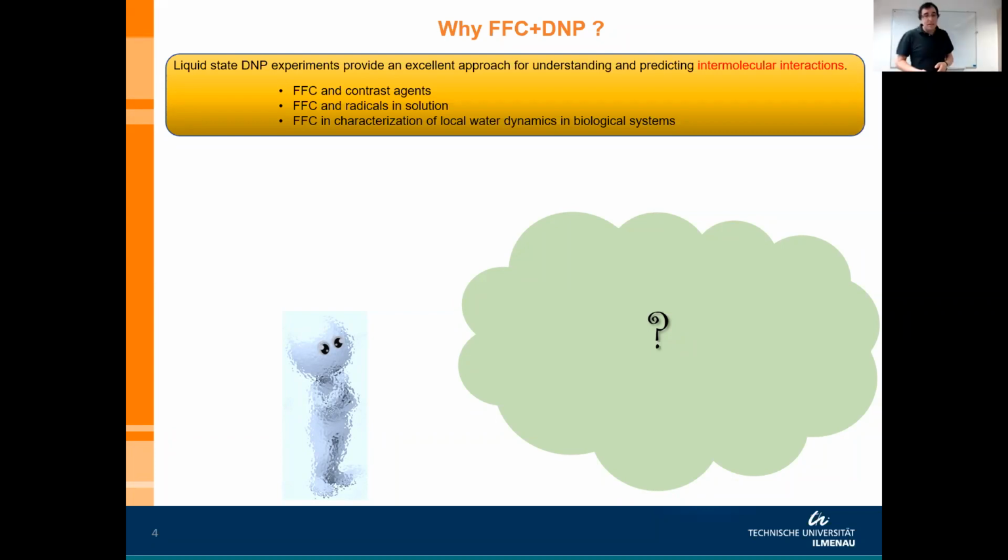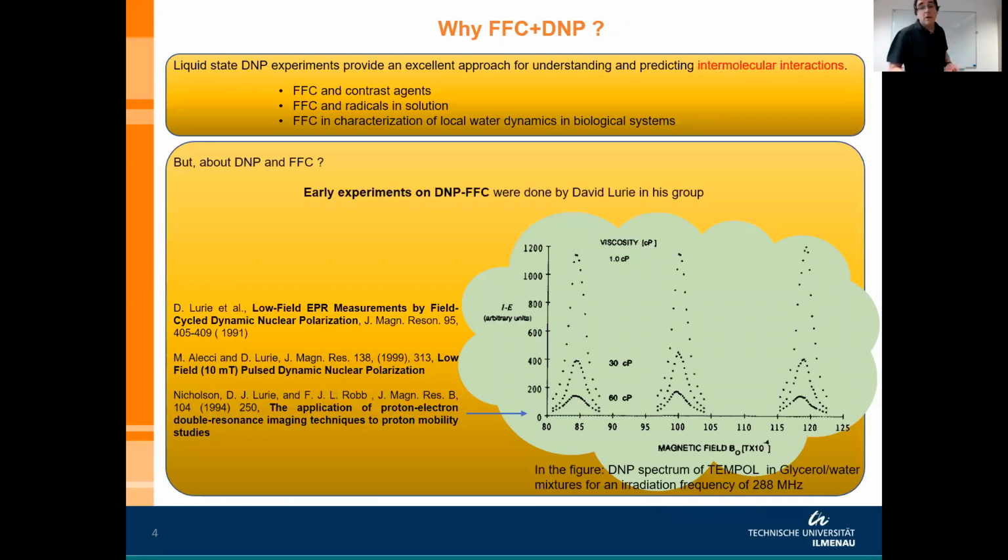And let's see, there is some precedent, some formal measurements related to field cycling and DNP. Actually, yes, this was done by David Lurie many years ago, and still today they are doing little things related with this to calibrate the magnetic fields. But in that time, there were several papers. David Lurie in Aberdeen and his colleagues measured here basically a DNP effect using field cycling.